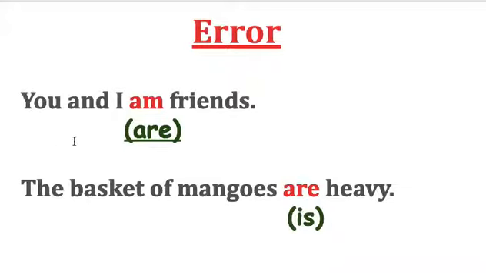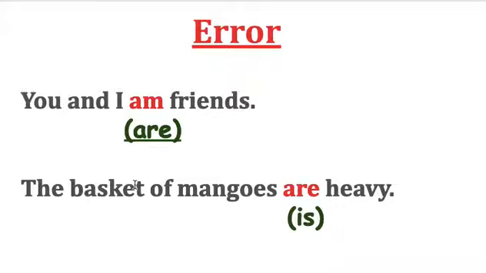When we connect two different subjects with and, the verb we choose depends on the first subject. So the verb will be in accordance with the first subject. So you gets are. So the correct statement would be you and I are friends.